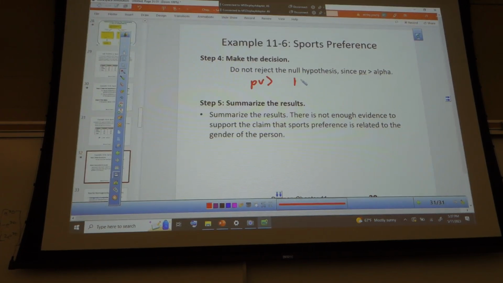So we're going to not reject, or fail to reject, H naught. Which means that there is not enough evidence to support the claim that sports preference is related to gender. I would have to have something like that, yeah? Okay.